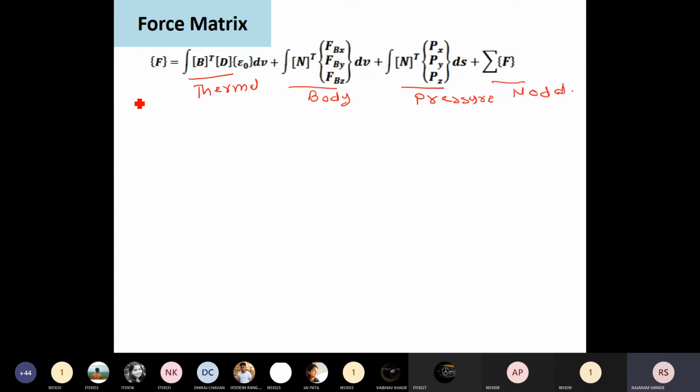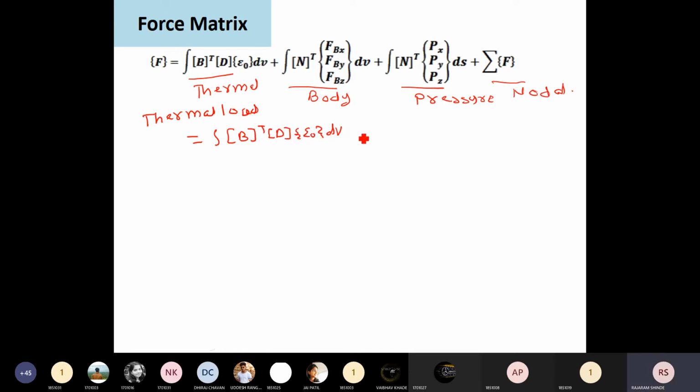I will start from the thermal load. Now for thermal load, this is the integration of B transpose D epsilon 0 dV.